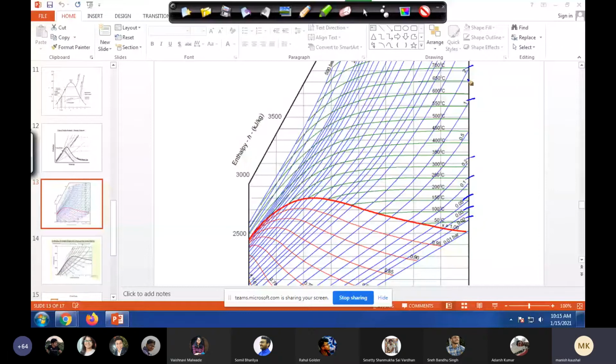Because we learned that dou Q at constant pressure is simply dH, and dou Qp by T is simply dS. It means that we can do this process easily at constant pressure, and we can create this blue line. Not a big deal. The blue line can be created easily. That is the constant pressure line.